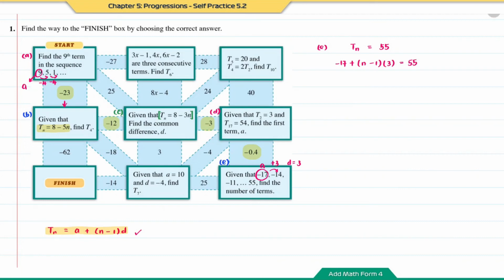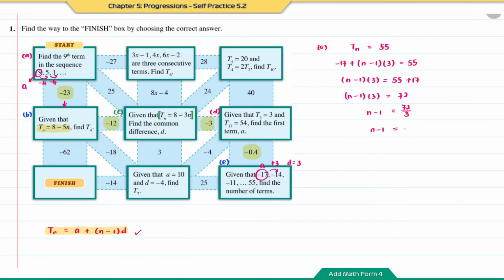Next, I'm going to move the -17 to the other side. So it will be 55 plus 17, so (n minus 1) times 3 equals 72. Next, I move the 3 to the other side, so n minus 1 equals 72 divided by 3.